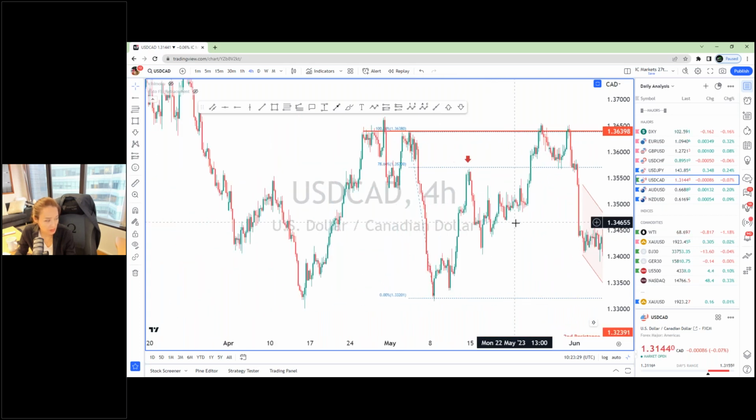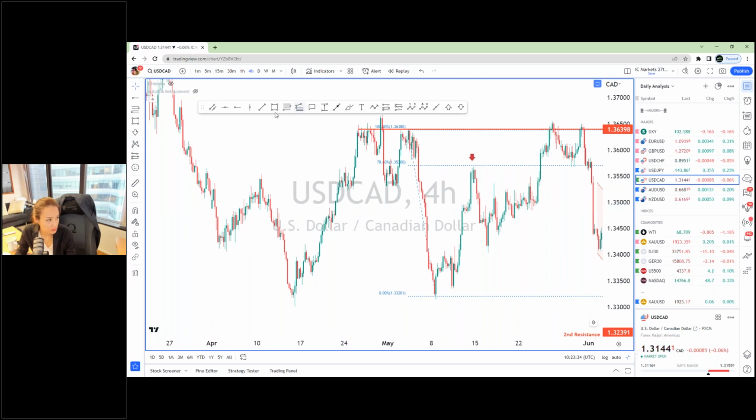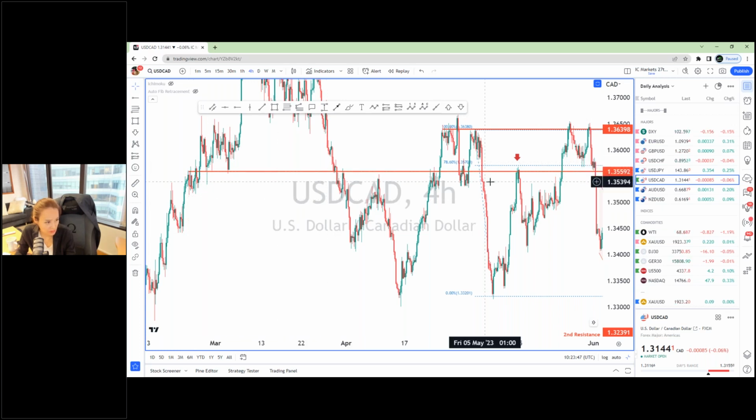In H4 you can see that if you were to draw support and resistance, this might be my resistance zone. Here you can see it's really nice.